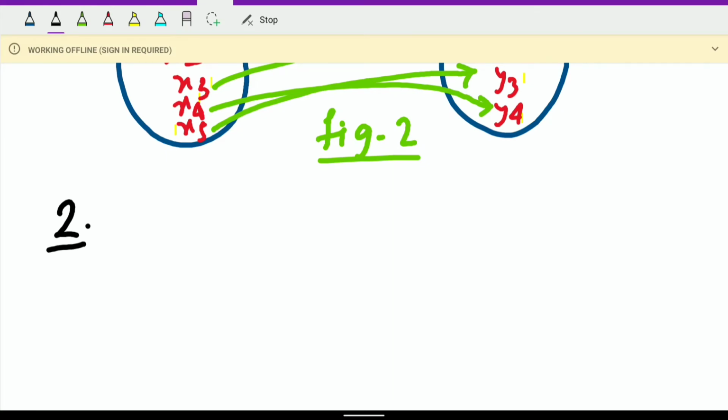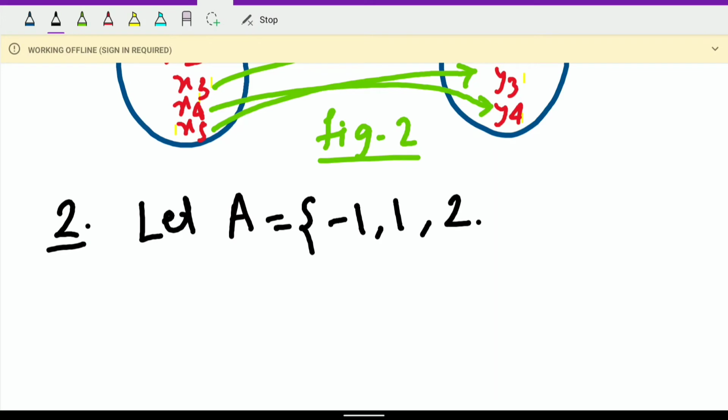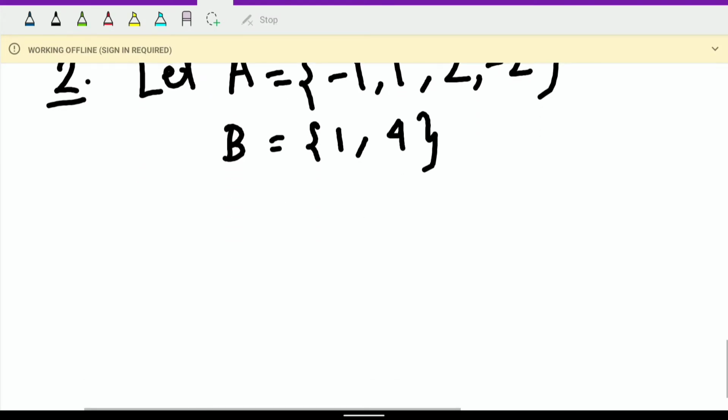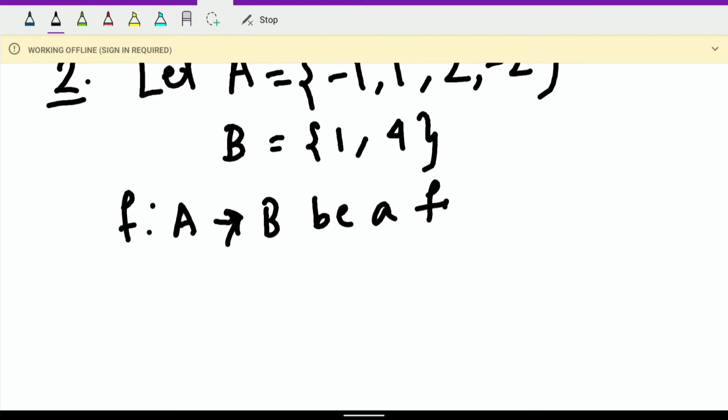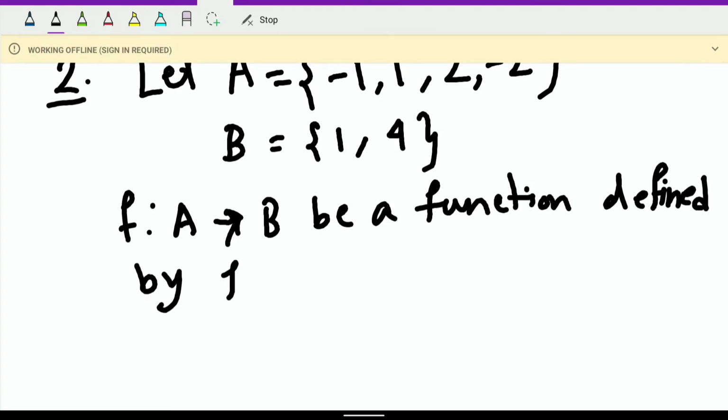Okay, illustration number 2. There are two sets. Let A be -1, +1, 2, -2, and the other, B, is 1, 4, and the associated function f maps A to B, a function defined by f of x equals x squared.